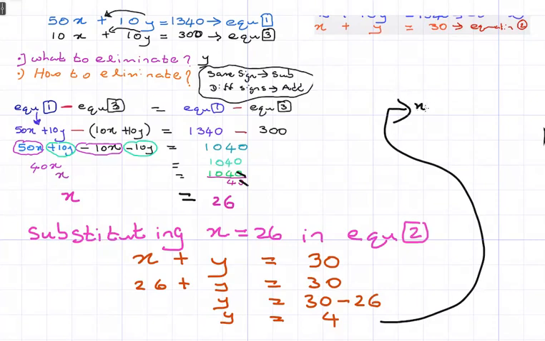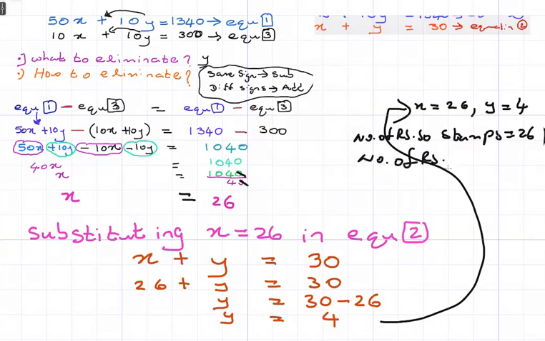So x equals 26, comma, y equals 4. You can also write in words: what's x? Number of 50 rupee stamps equals 26, and number of 10 rupee stamps equals 4. All right, I hope you all understood.